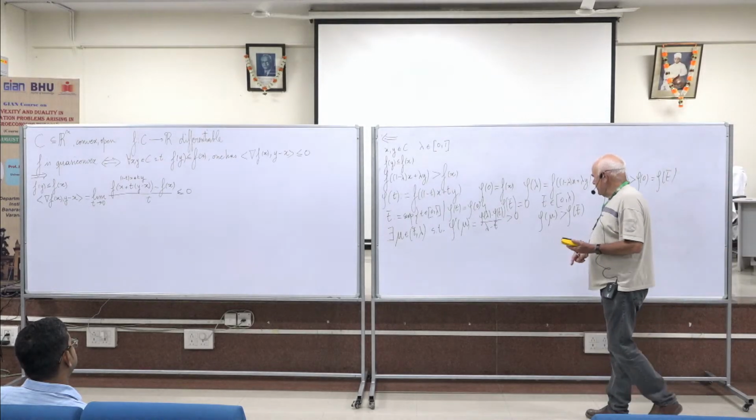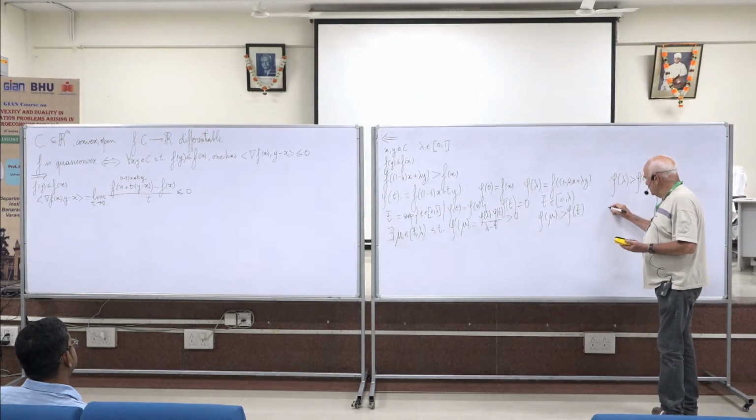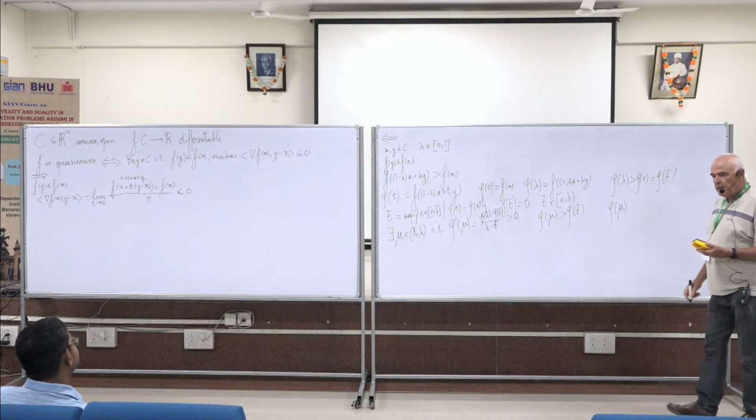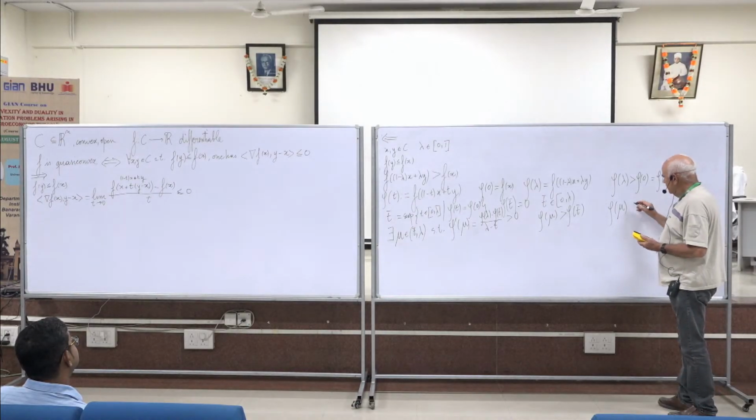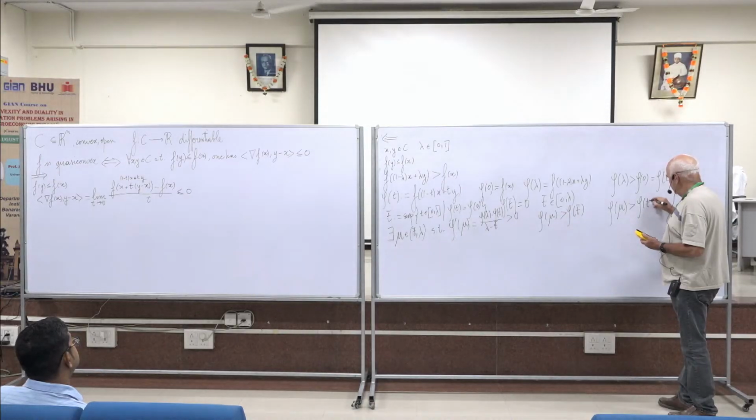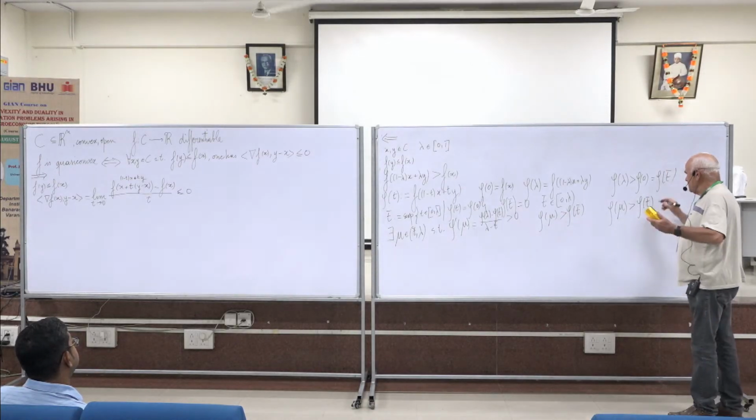So we conclude that phi of mu is greater than phi of t bar, which is phi of 0.